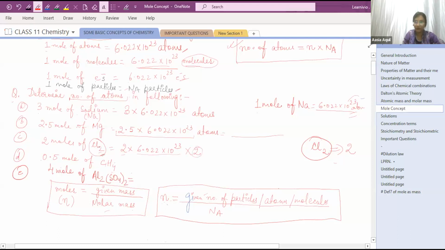This is for molecule, this is Cl2, but what do we have to find? Number of atoms. In Cl2, how many atoms are there? 2 atoms. So that's why we are multiplying it by 2. Okay, so 4 into 6.022 into 10 power 23 atoms are there. Clear? We do the next one.